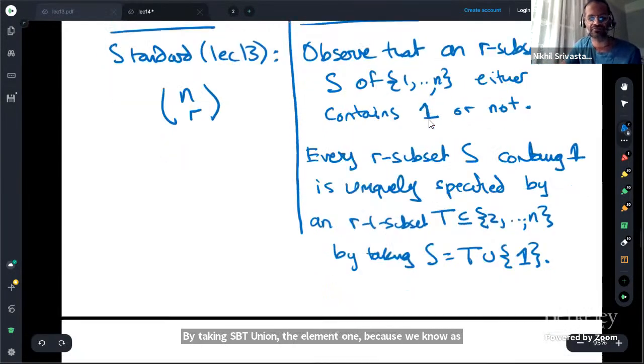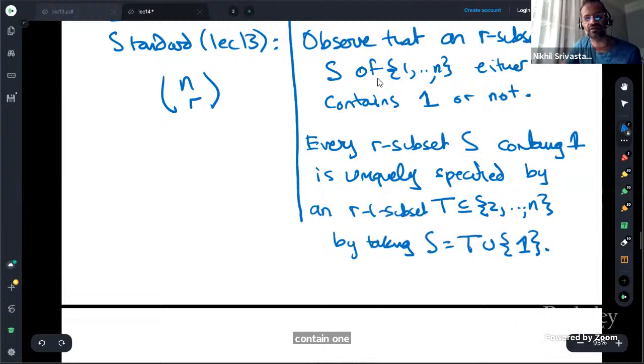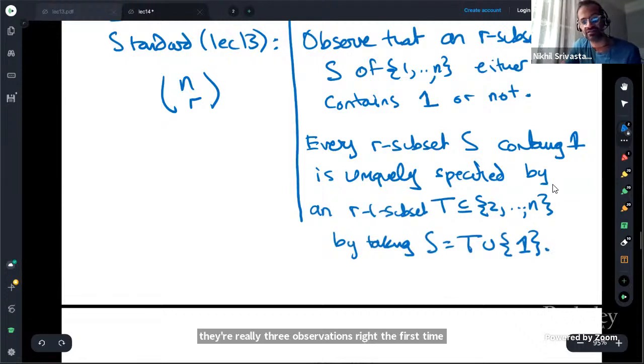So there are really 3 observations, right? The first is observe that it contains 1 or not. The second is if it contains 1, then there's a bijection between R subsets containing 1 and R minus 1 subsets of the rest of the elements.